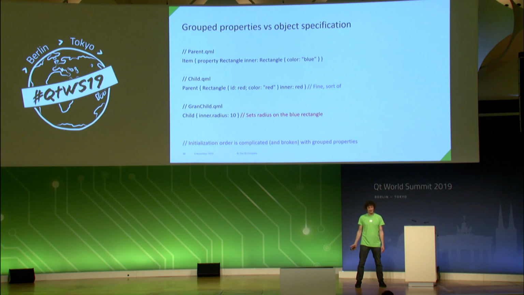Well, funny things happen. The radius property the grandchild refers to is still the one of the blue rectangle because it binds to the identity of the original inner rectangle and not to the inner property of the parent. Well, arguably, that's also a bug, but bear with me for a minute.